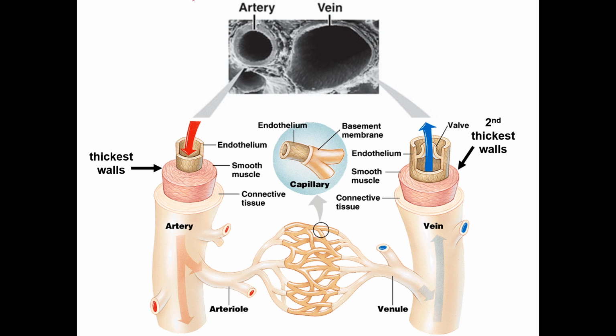You can see in this real picture up here, arteries are very rounded and thick, kind of like a cord in a wall, where veins can be collapsed. They're much weaker. And then capillaries are the thinnest of all, in some cases only a single cell thick. They break very easily. When you get a bruise, it's because your capillaries burst and some blood leaks out. That's what a bruise is. It's blood that leaked out from broken capillaries.